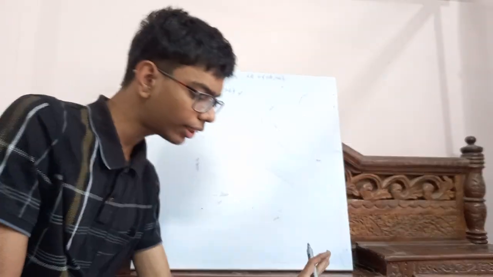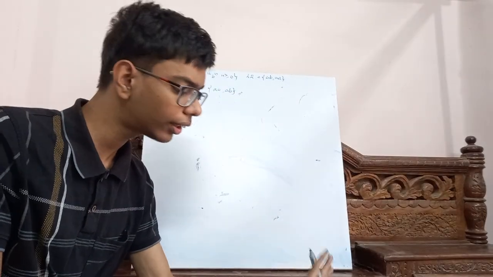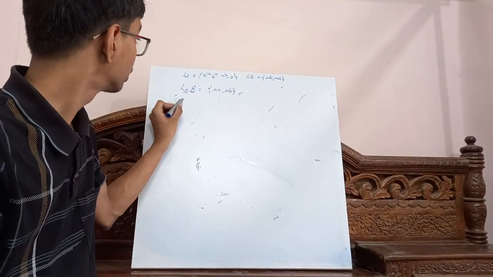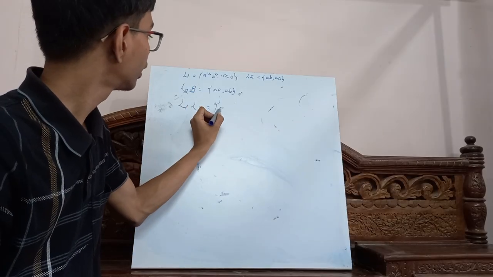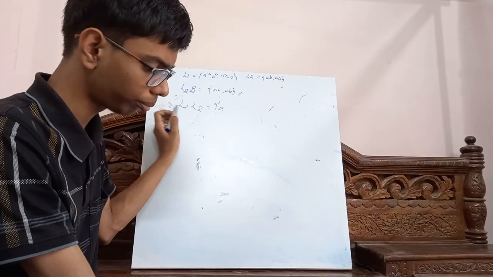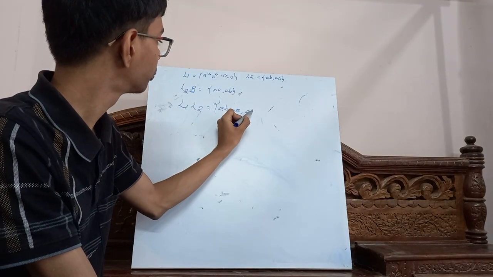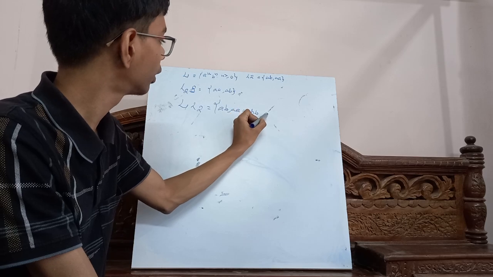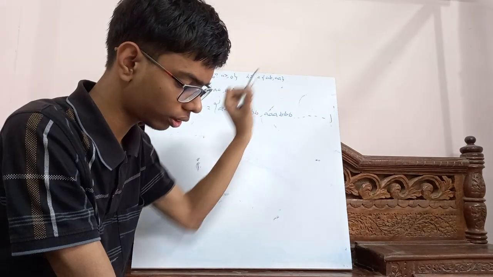I will take every string from L1 and every string from L2 and concatenate them in all possible combinations. So L1 L2 will give me a, ab, aa, and then abb, abab, abbb, and so on.